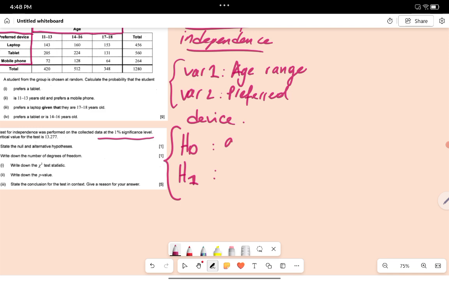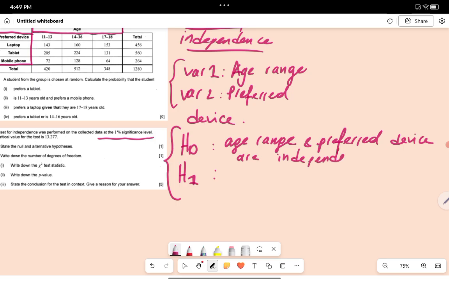So here it would be: age range and preferred device are independent. Okay, so that's important. That's the first one. And the alternative hypothesis is that the variables are dependent.